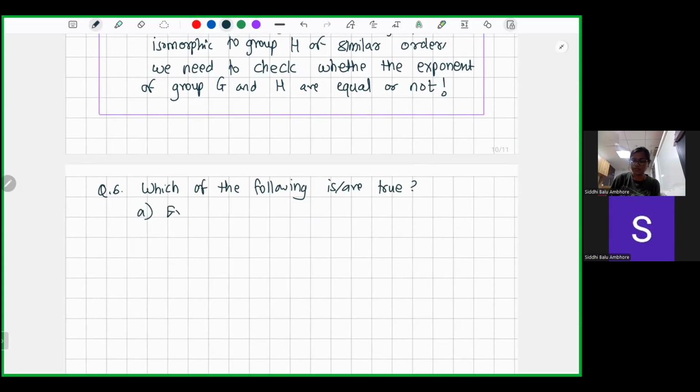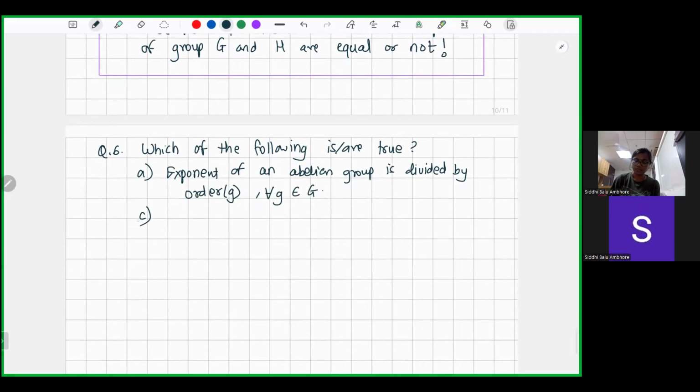And the options are: A, the exponent of an abelian group is divisible by the order of g for all g in G.